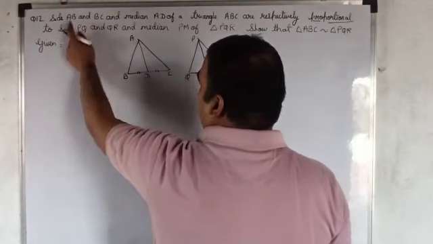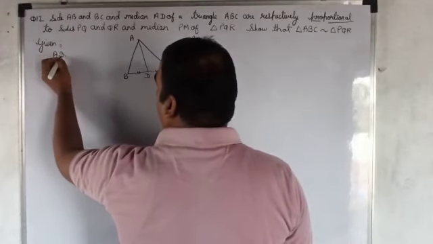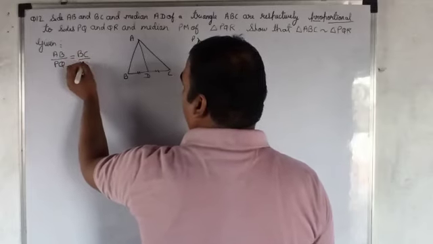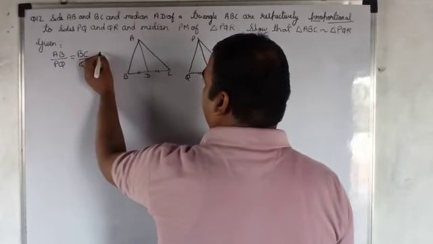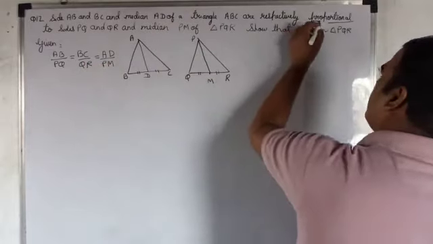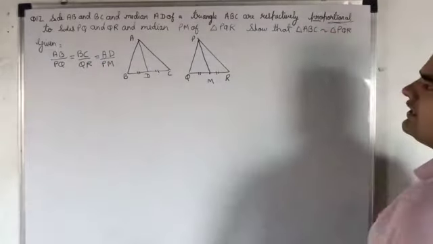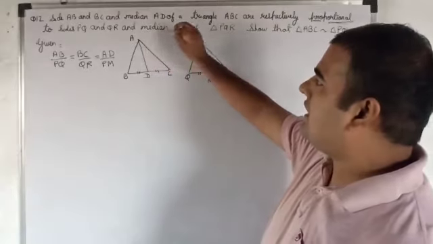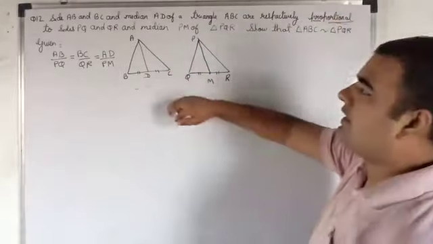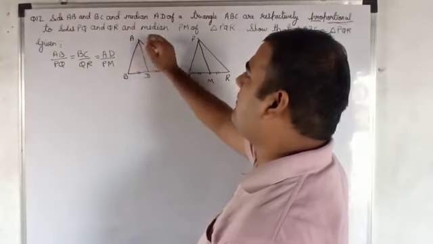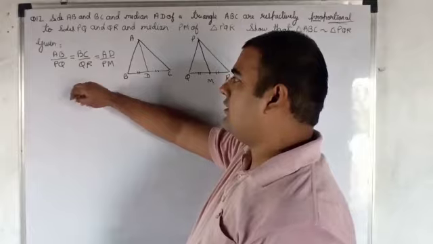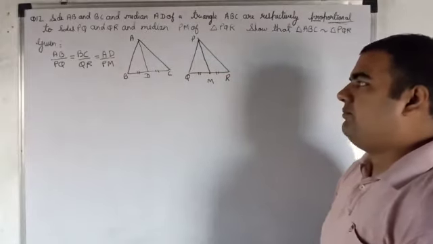It is given side AB and PQ, BC upon QR and AD upon PM are proportional. If you read the sentence, AB, BC and median AD of a triangle ABC are respectively proportional to the side PQ and QR and median PM. So we have written AB upon PQ, BC upon QR, AD upon PM.